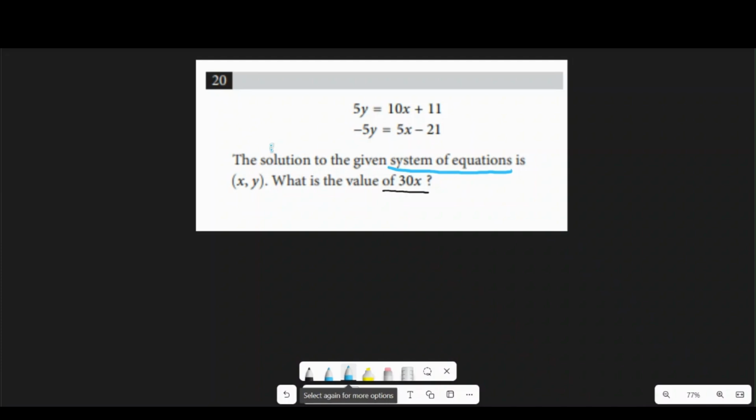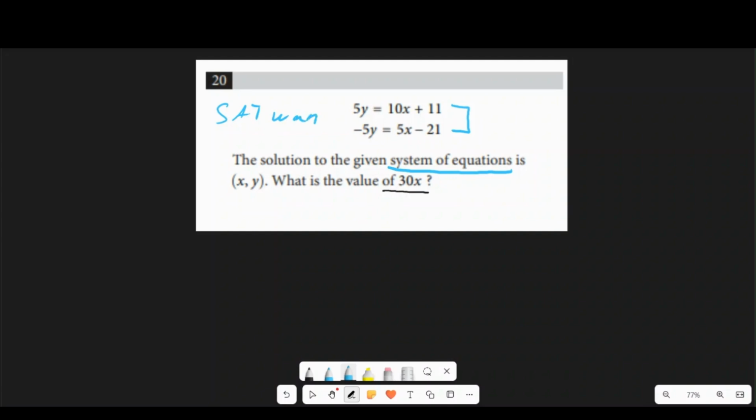You can say point or solution interchangeably depending on how you think of it. So in this question, since they give us two equations, and in one of the equations there's an exact opposite value, this tells me that the SAT wants me to add them up.